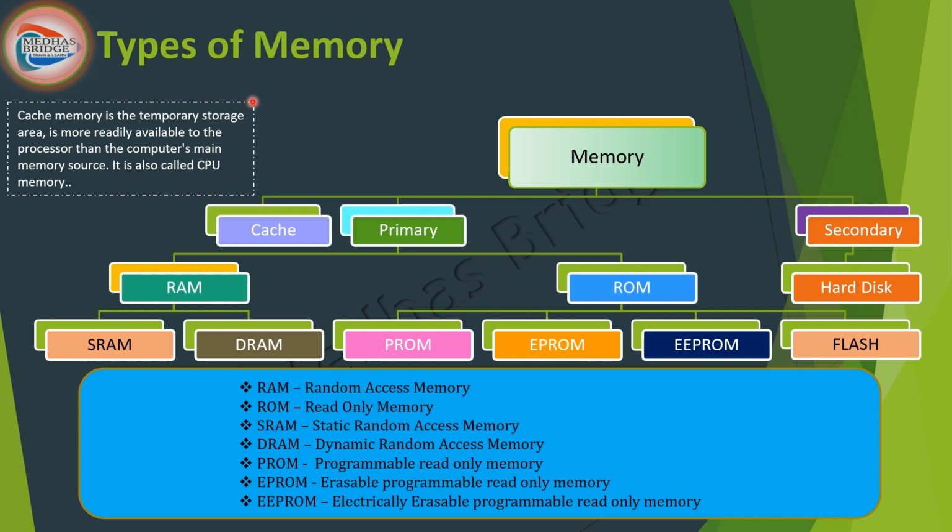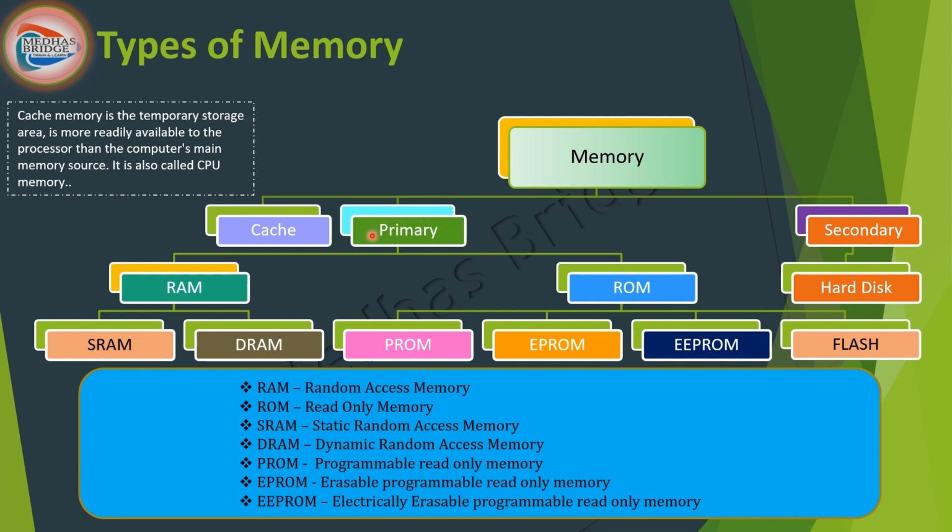So it is essential for us to understand what are the types of memories which are available in the computer world while designing any hardware. Primarily, memories are divided into three high-level categories: cache memory, primary memory, secondary memory. Cache memory means a temporary storage area which is readily available to the processor, meaning which is nearer to the CPU.